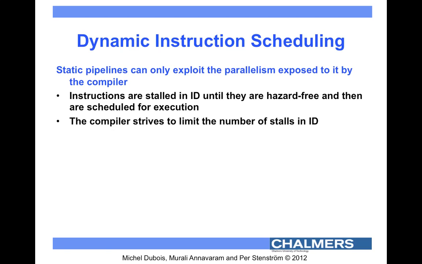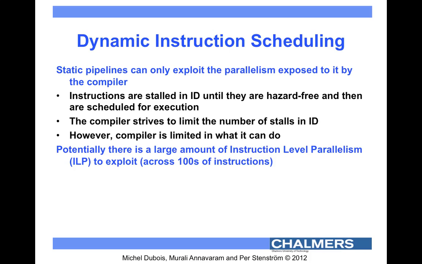The compiler strives to limit the number of stalls in the instruction decode stage, but the compiler is limited in what it can do because, for example, it doesn't have any knowledge about the input data at the time we're compiling the code, and it also has a limited scope in terms of the number of basic blocks it can analyze.